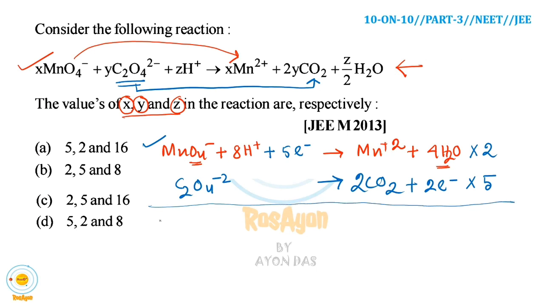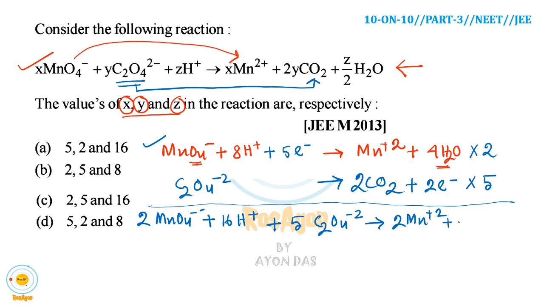So the total equation is 2 MnO4 minus plus 16H+ plus 5 C2O4 minus 2 gives 2 Mn+2 plus 8 H2O plus 10 CO2.